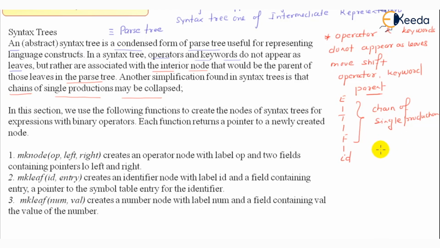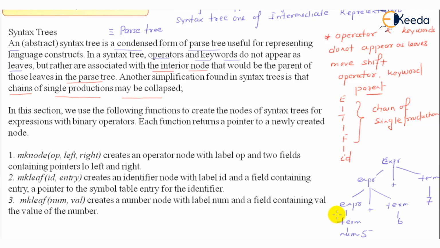Suppose I give you a grammar that we have seen many times: expr derives expr plus term, expr derives term, and term derives, let's say, number 5, 6 and 7.